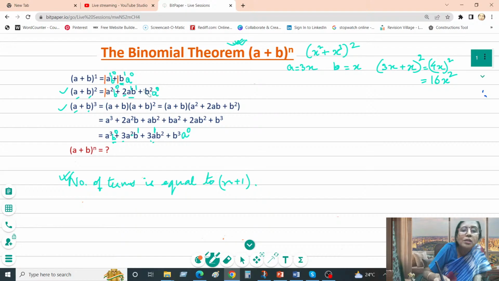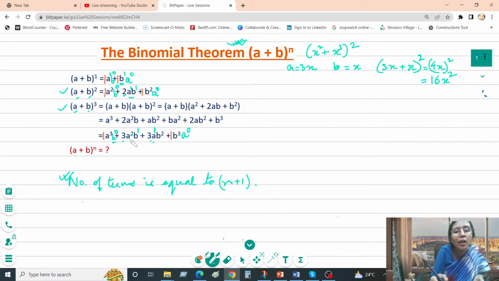This is 1, this is 1. This one is 1. This one is 1. So we are having a numerical coefficient for every term, and the numerical coefficient may be equal to 1, may be some other number as well.